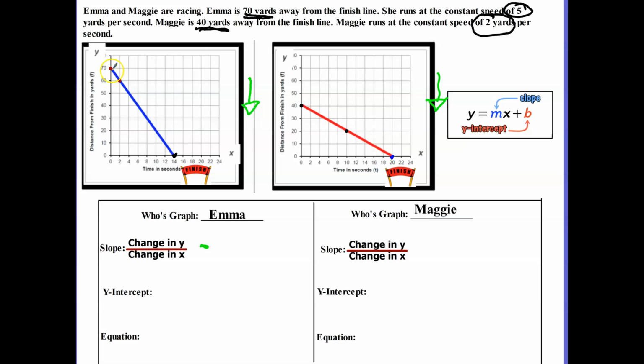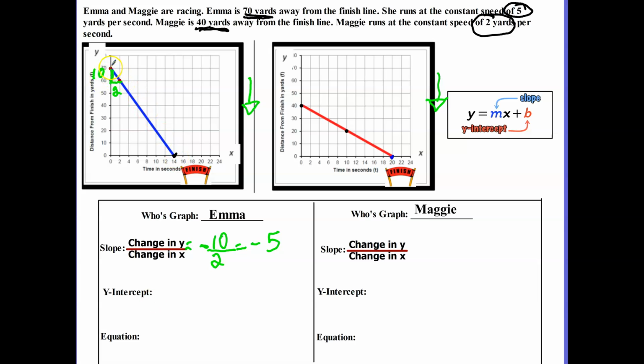And let's see, the change in y is from 70 to 60, which is 10. And from 0 to 2 is 2. So that means that your slope is going to be negative 10 over 2. So negative 10 divided by 2 is negative 5. So we know that the y-intercept is 70.